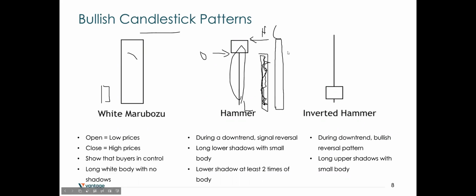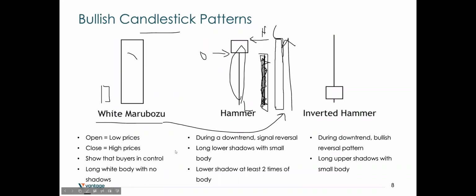Okay. So basically, in this scenario, if you were to go down into a lower time frame, there was initially strong selling pressure coming down, and then all of this selling pressure was wiped out by buyers pushing the price up. And so this candle itself is also a white marubozu in the lower time frame, and basically it shows that prices have moved up.